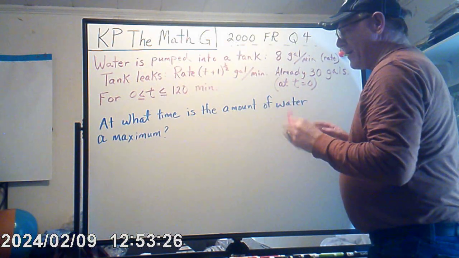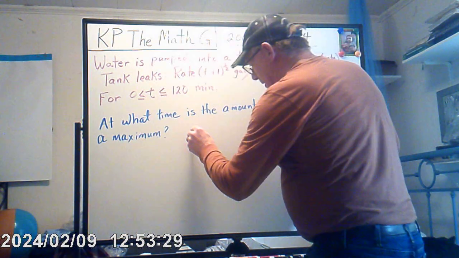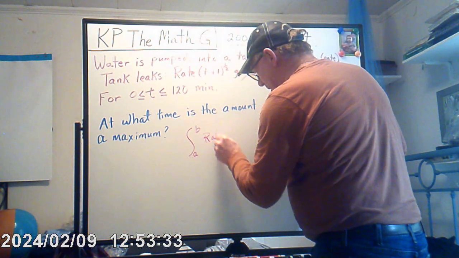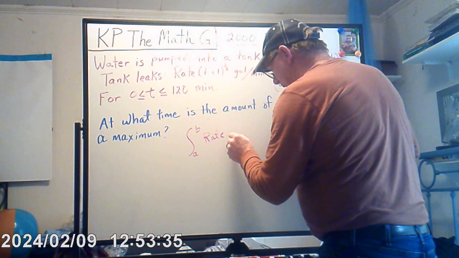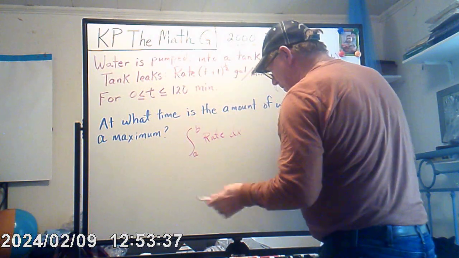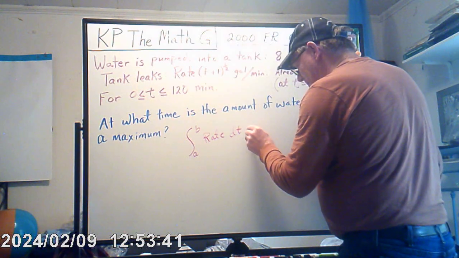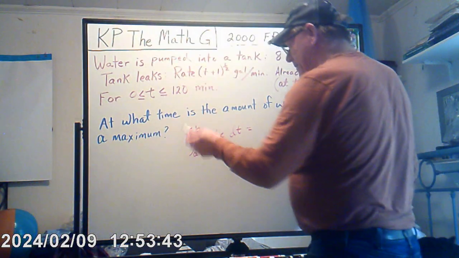Keep in mind that any time you take an interval from A to B and you're dealing with rate, with dt in this case, you're going to get amount.